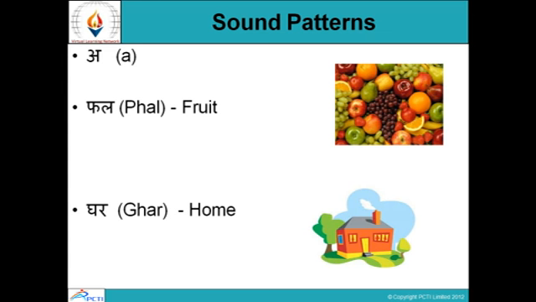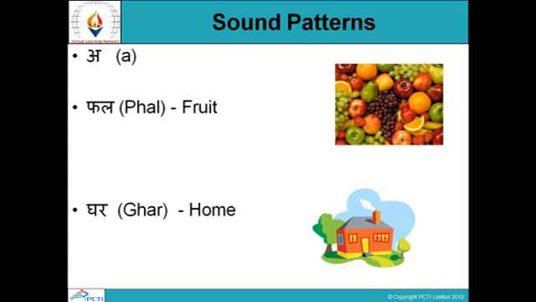This is a small sound and the first letter of the Hindi alphabet. It's a small sound of a. As you can see in Roman also, it's written with a. That is fal. In this word fal, P-H-A-L, the a symbolizes the small sound of a.